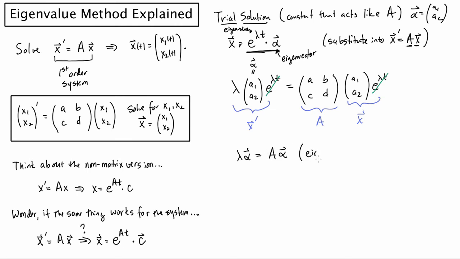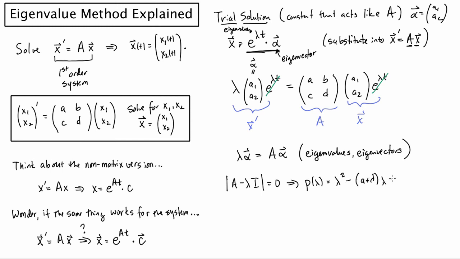This is exactly the equation for eigenvalues and eigenvectors. So in order to do this process, I have to locate eigenvalues and eigenvectors, which means I have to take A minus lambda I, find its determinant, and set it equal to 0. That's that characteristic polynomial that we talked about before, lambda squared minus the trace plus the determinant. I have to set that equal to 0 and solve.